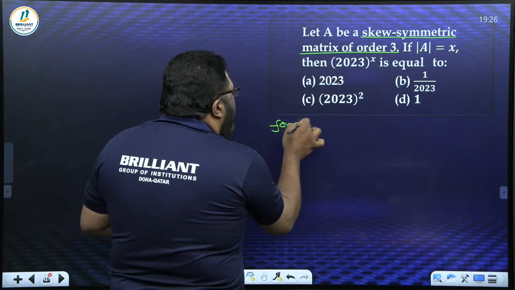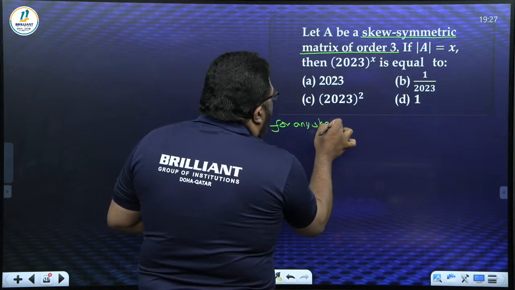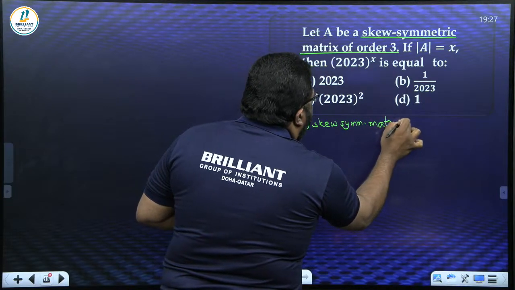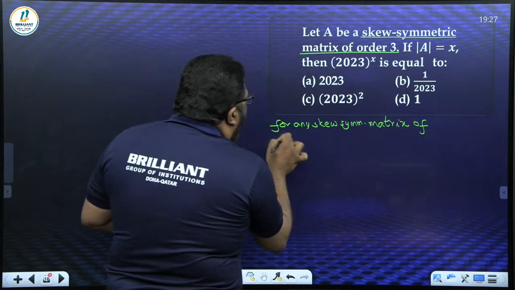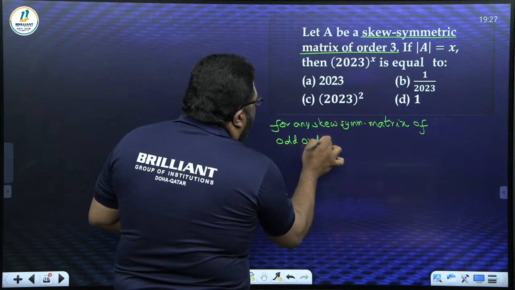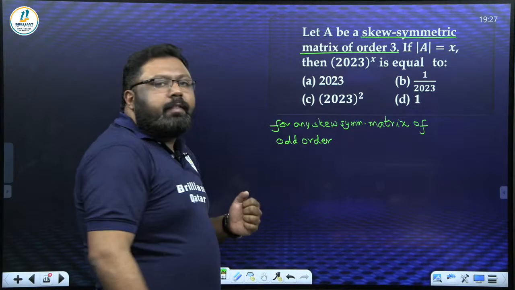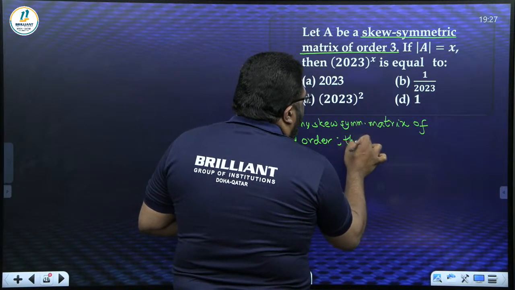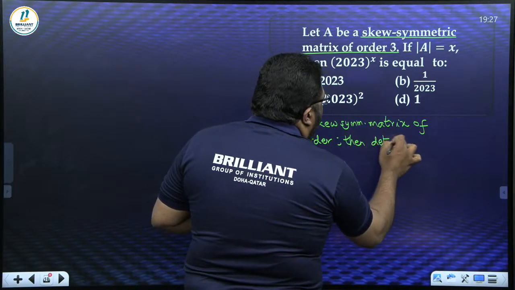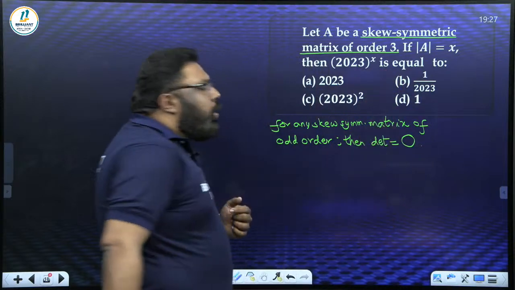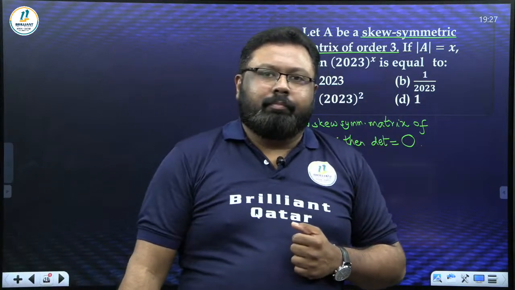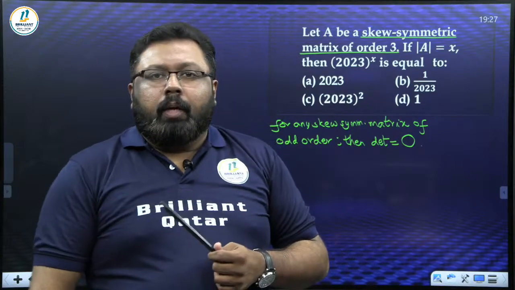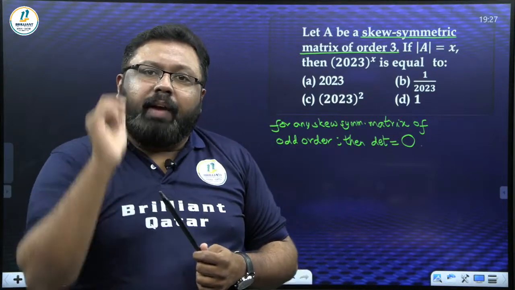For any skew symmetric matrix of odd order, odd means 1, 3, 5, 7, the determinant value will always be 0. No need to calculate, my dears. For any skew symmetric matrix with odd order, the determinant value will be 0.